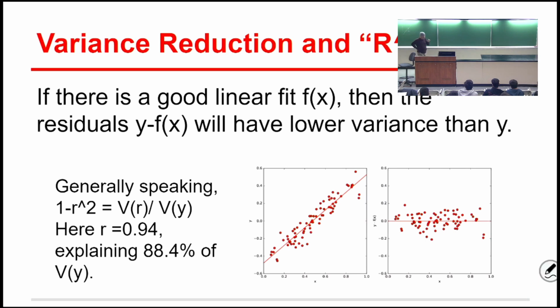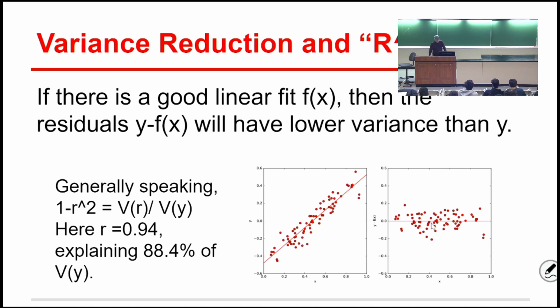What do we think about the residuals? What is going to be the variance of the residuals relative to the original ones? Someone with a hand. Okay? Yeah? If there was any kind of meaningful correlation between x and y, the residuals are going to subtract out that relationship, right?